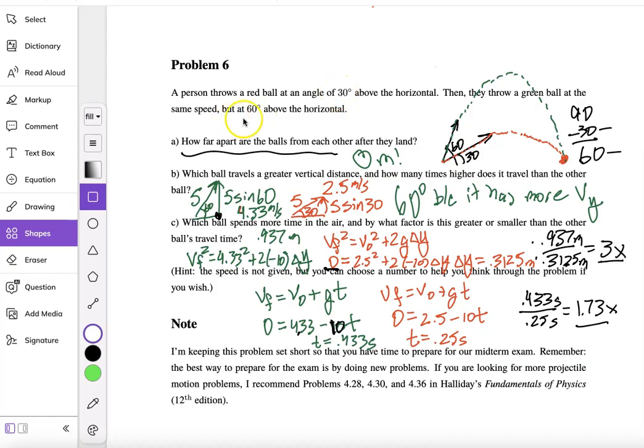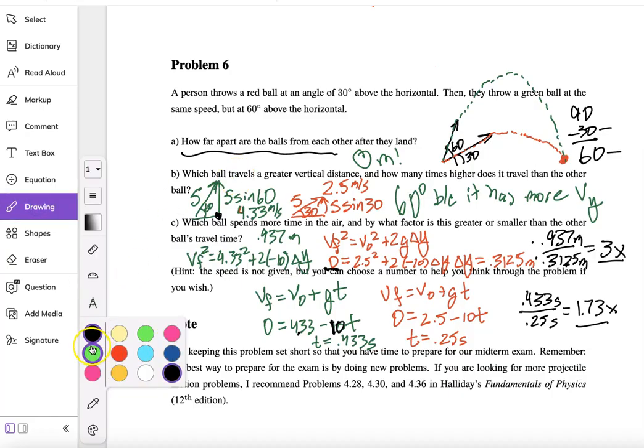Anytime the two angles add up to 90 degrees, both of those balls will end up at the same spot. So as long as they're both less than 90 and they add up to 90, then when the red ball is shot out, it doesn't go very high, so it's not in the air for a long time, but it has a bigger velocity in the x direction.